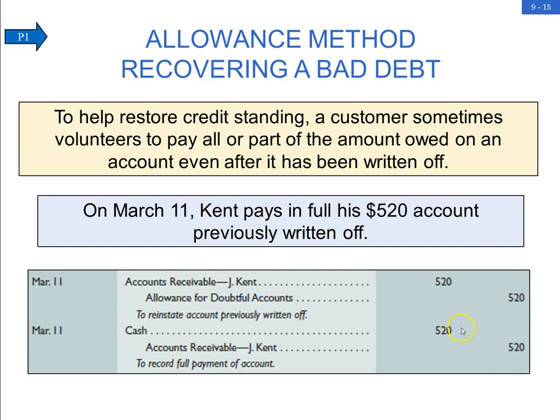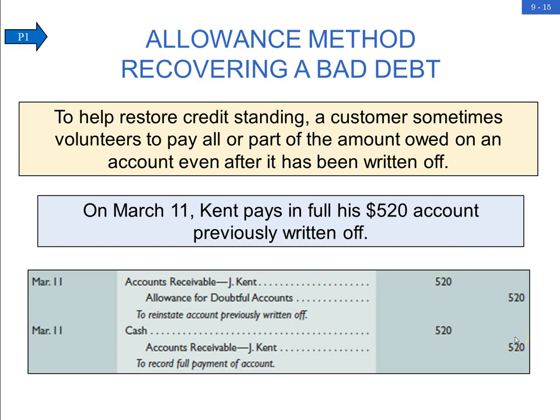And we also have to recognize the fact that Mr. Kent paid us the $520 that he owed us, so we have to credit his accounts receivable to show that he no longer owes us any amount. Kind of interesting that we're doing both here. We're both debiting his accounts receivable and crediting it for $520.